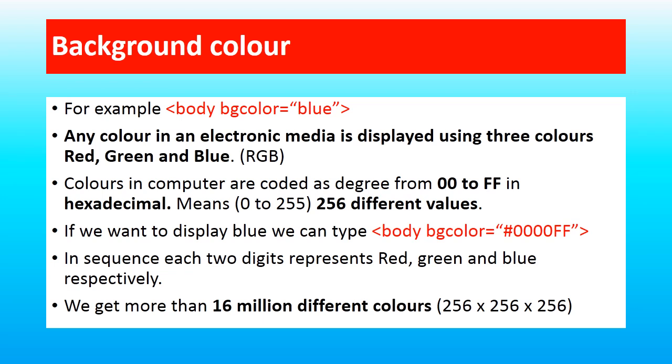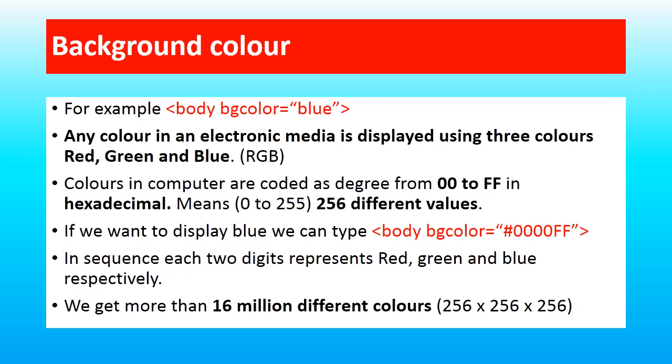Now suppose we want to display blue color, we can type body bgcolor is equal to hash 0000FF. That is, the proportion of red is 00, the proportion of green is again 00, and the proportion of blue is maximum, so the biggest digit of hexadecimal is F, so we write FF.